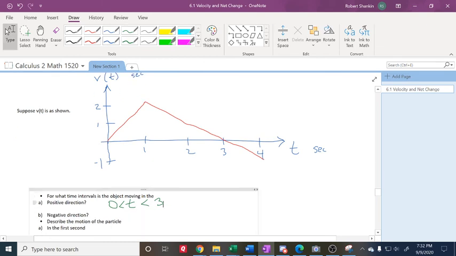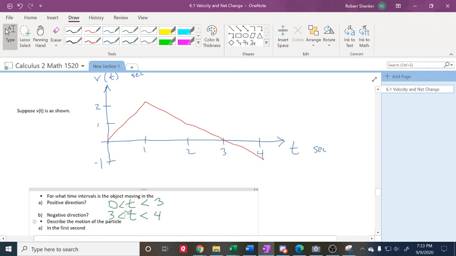Then, for what time intervals is the object moving in the negative direction? I'll answer that. That's when t is between 3 and 4. Okay.